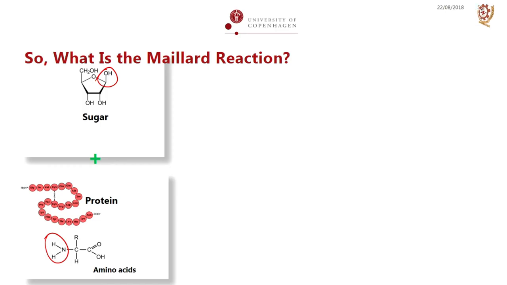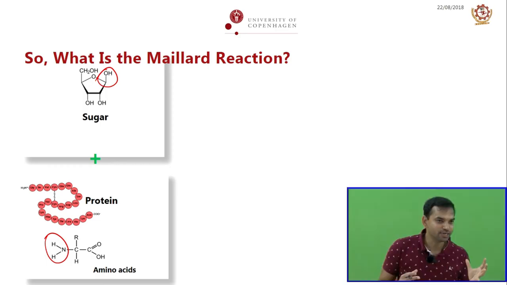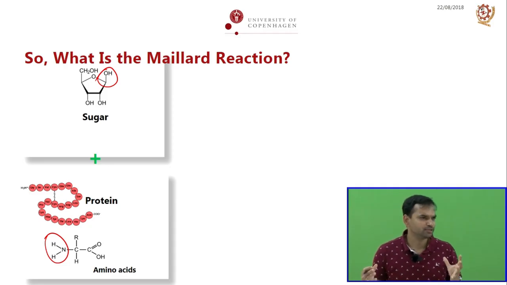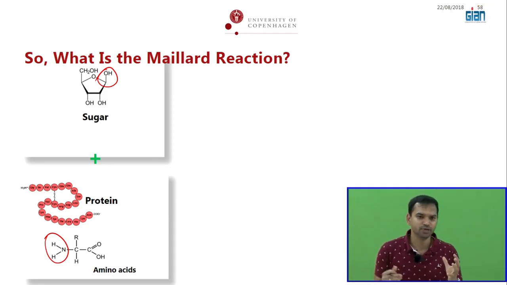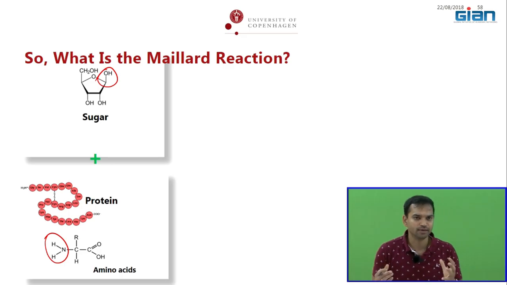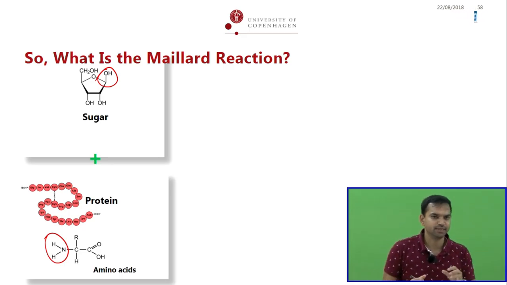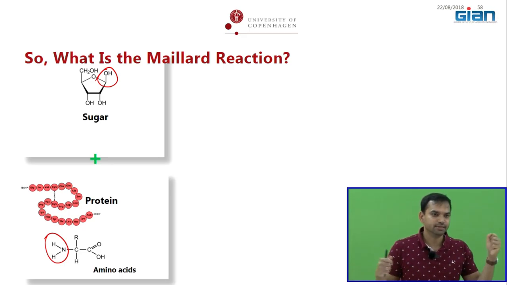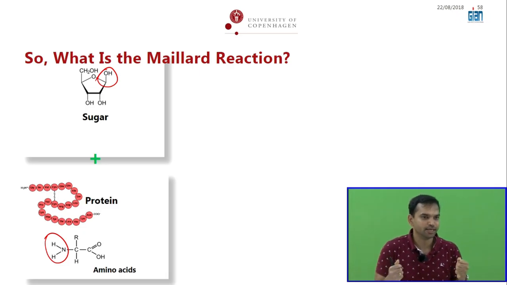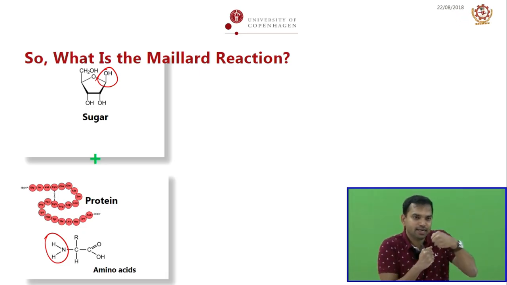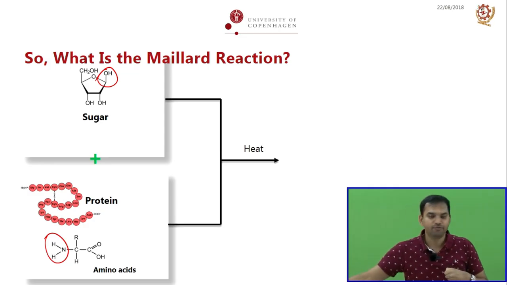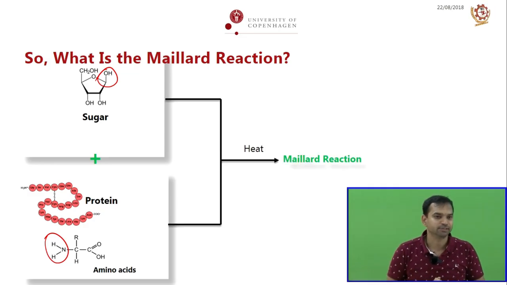For example, chana pora has milk proteins and it has sugars, glucose and galactose and sucrose, basically sugar, right? And then they're heated continuously, and they start reacting together and form the Maillard reaction.